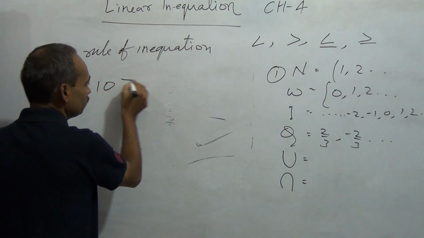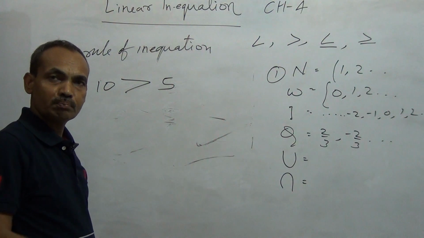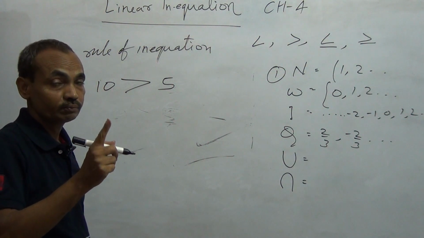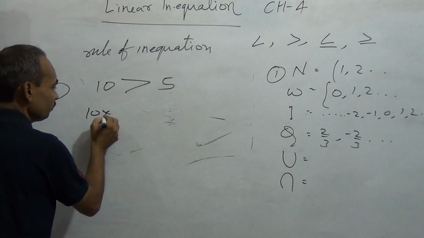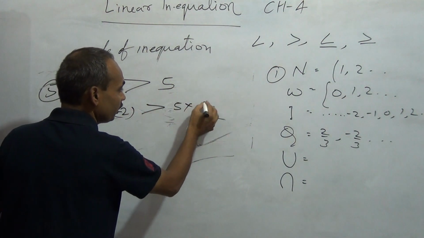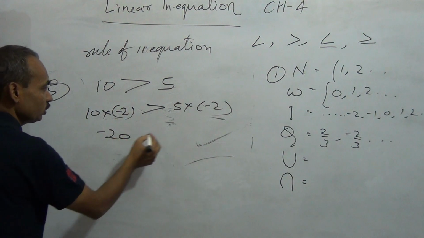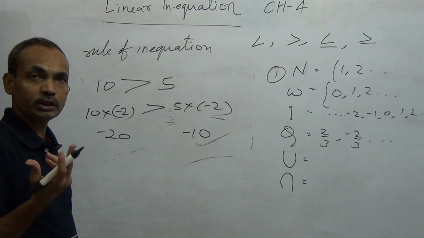Let 10 is greater than 5. Multiplying or dividing by a negative number, the sign of inequality changes. 10 multiplied by minus 2 and 5 also multiplied by minus 2, the result is minus 20 and minus 10. Now which number is greater?